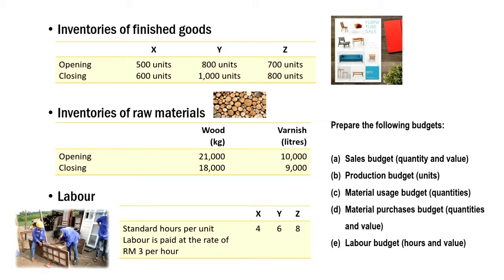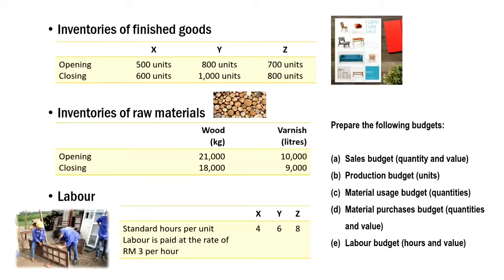Next is inventories of raw materials. We not only have inventories of our finished product in our warehouse, but we also have the raw materials needed in order to produce our product. For example, in this question, we require wood as a raw material, and varnish.